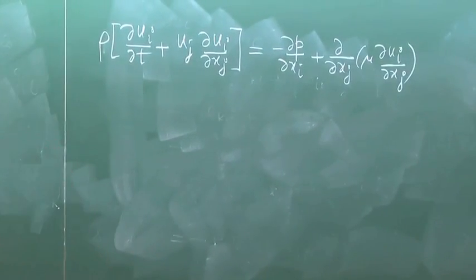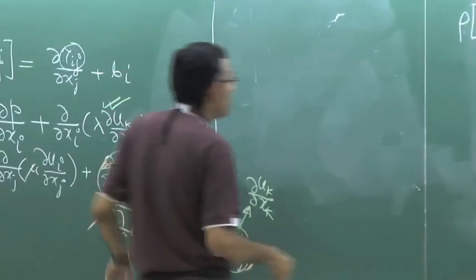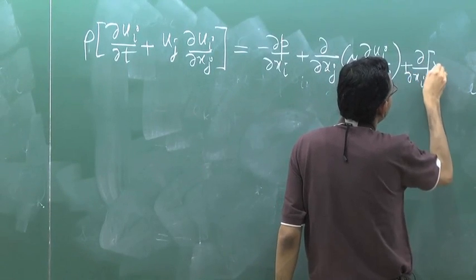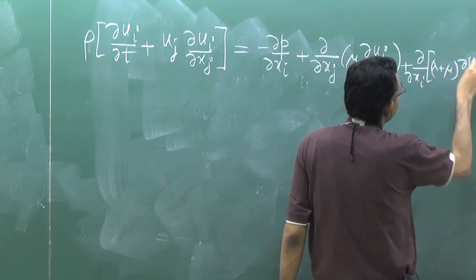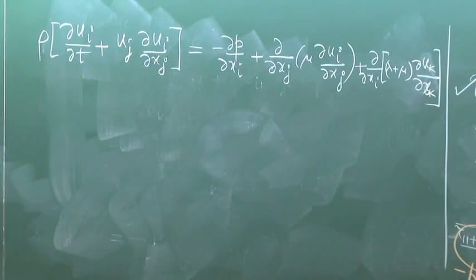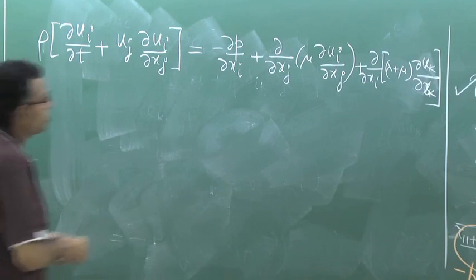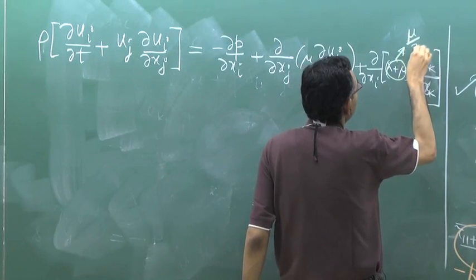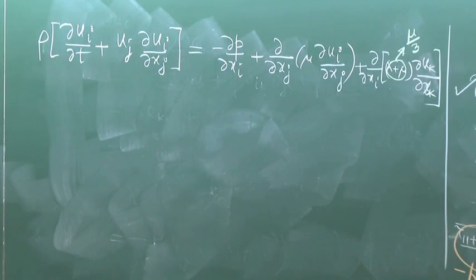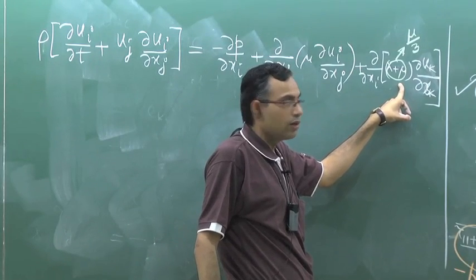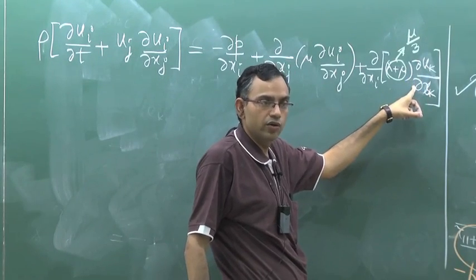So if we now club up these two terms together, it will be, so this lambda plus mu, lambda is equal to minus 2/3 mu, so this will become mu by 3. Clearly the last term is important only for compressible flow, because for incompressible flow this will be 0.